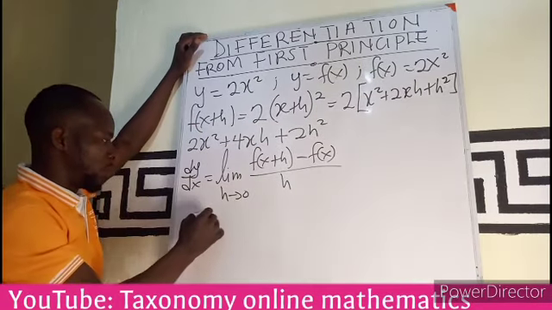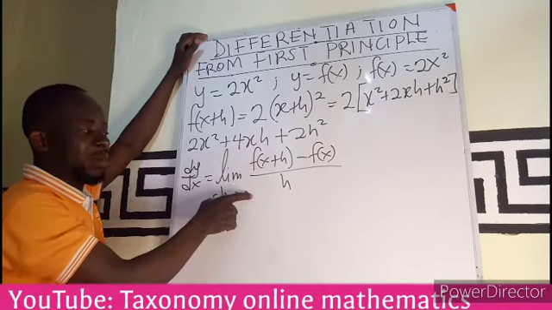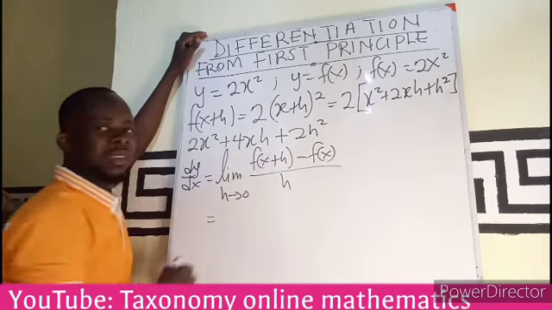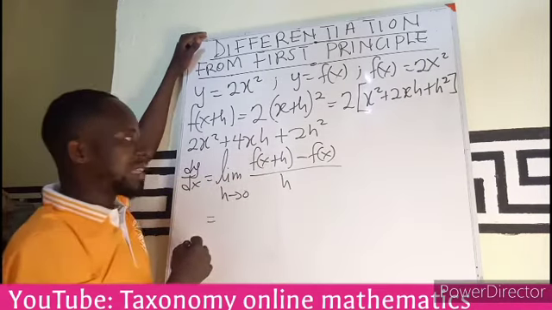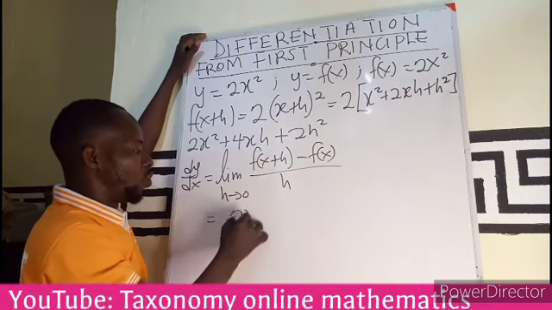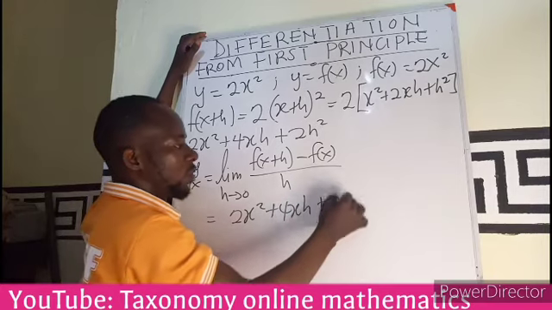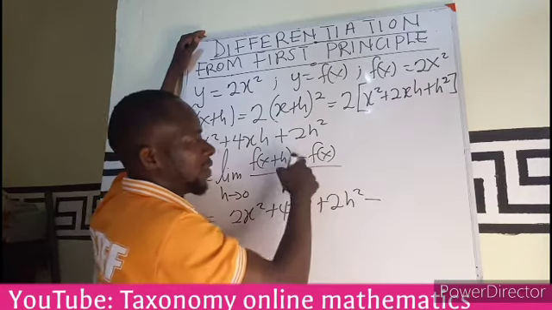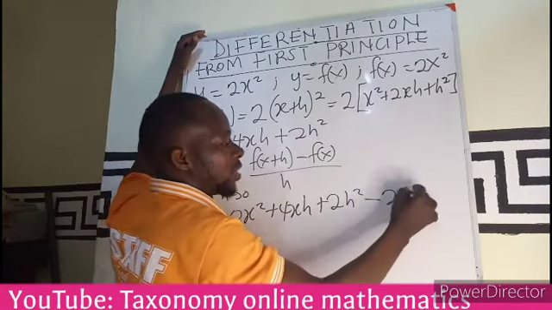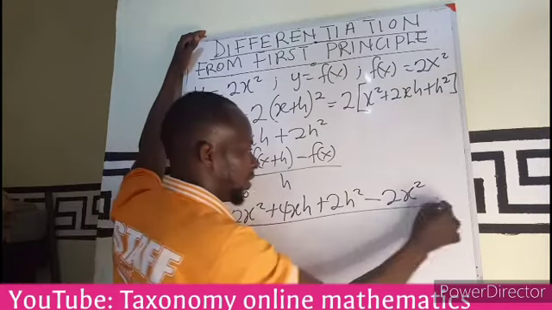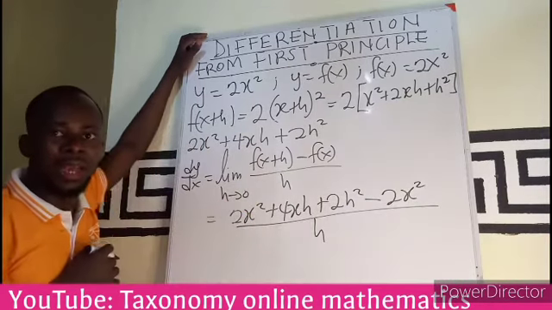So if I'm holding the limit, I want to hold it and substitute before. So if I substitute, I'll be having 2x squared plus 4xh plus 2h squared, minus the function, which is 2x squared. All these still remain under h.